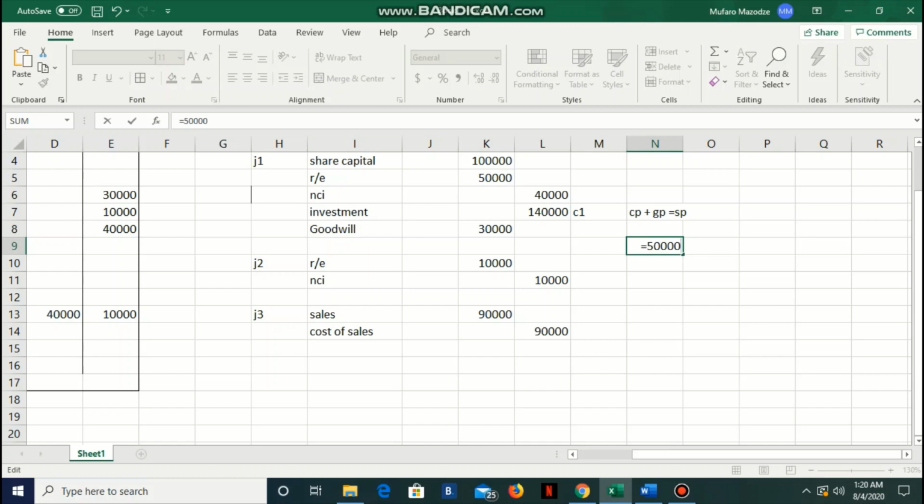For the sub, that amount is selling price, but for the parent it's cost price. That's why we then divide by 120 and multiply. Oops, sorry about that. I'm just going to put this in brackets.